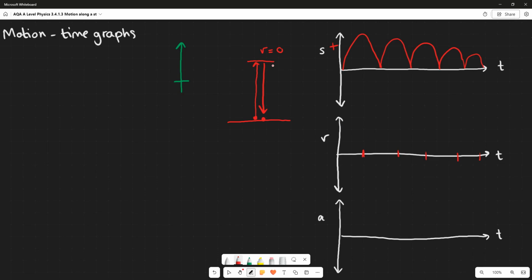Velocity when the ball is coming back down is going to have a negative value. So it'll have a positive value at first, and then a negative value, as its maximum negative value as it comes back down and hits the floor.